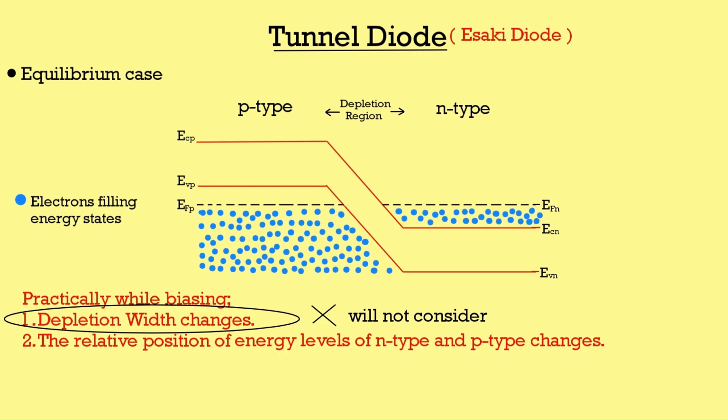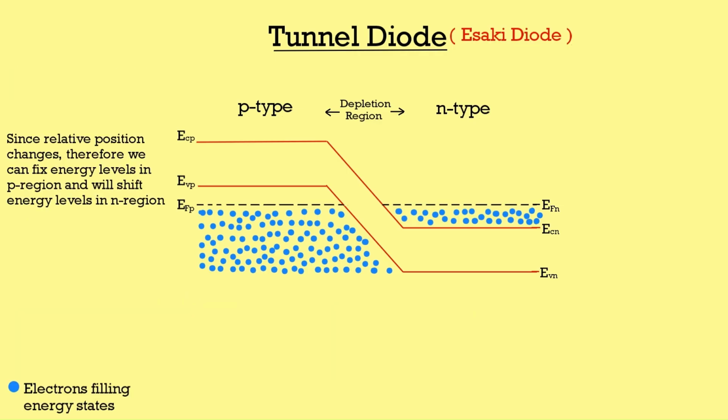It is not necessary to show the change in depletion width, as it will only complicate our understanding. So, for understanding the mechanism of the tunnel diode, we will fix the width of the depletion region. We can fix any of the energy levels. Here, we are going to fix the p energy levels and will shift the energy levels in the n region.